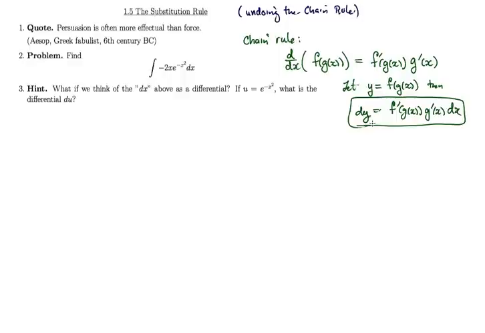Now, the thing that we're interested in is trying to figure out if our integrands look like this piece on the right-hand side. Because if our integrand looks like a piece on the right-hand side here, then we know it had to come from the derivative of some composition using the chain rule. So our goal is to try to figure out if we can stare at the integrand and pick off some function g where its derivative also appears.